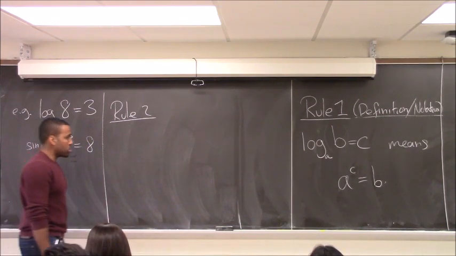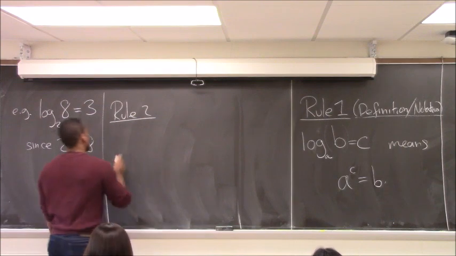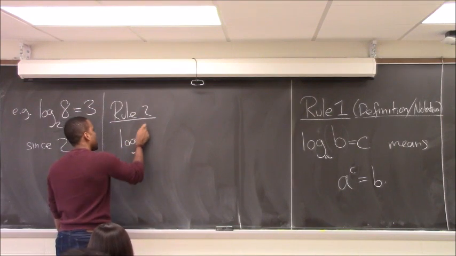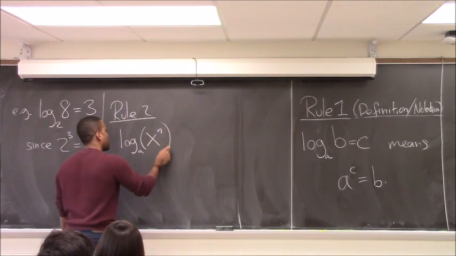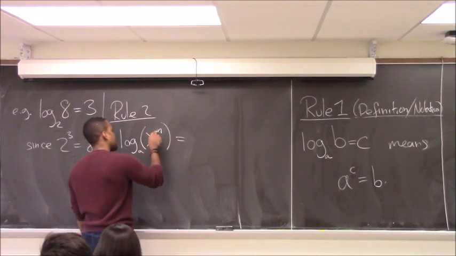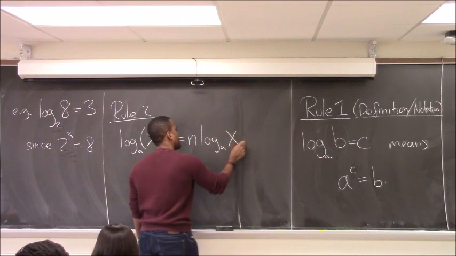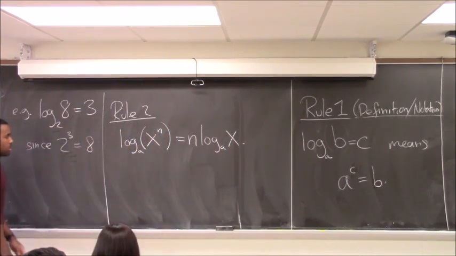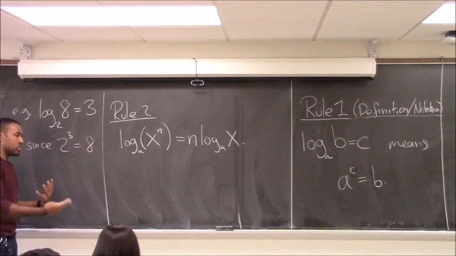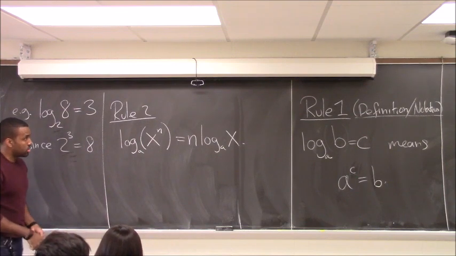It turns out logs turn powers into multiples. If I have log to the base a of something raised to a power, I can take that power and move it down and multiply the logarithm. Because if you take something and raise it to a power, you multiply the powers, right?